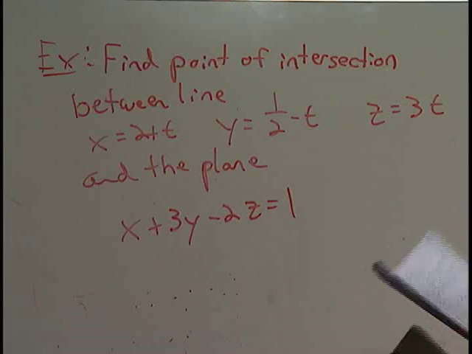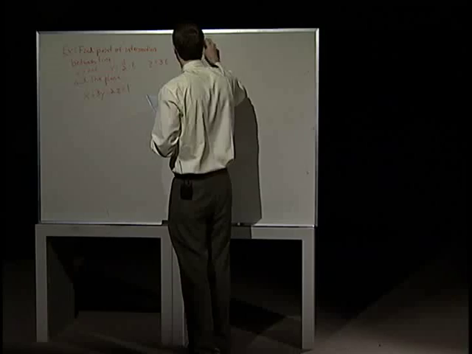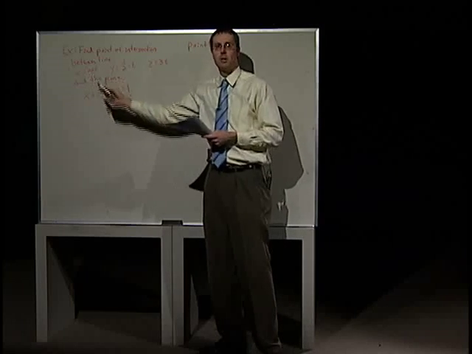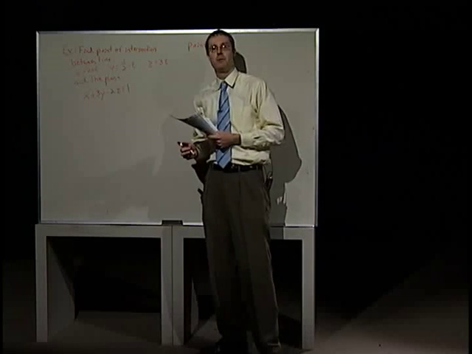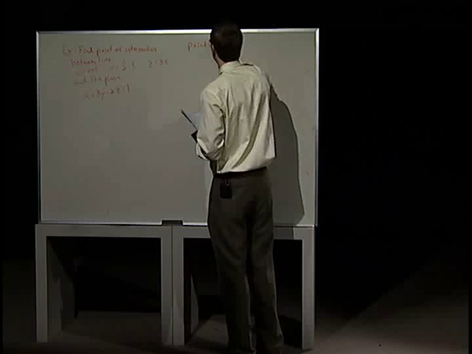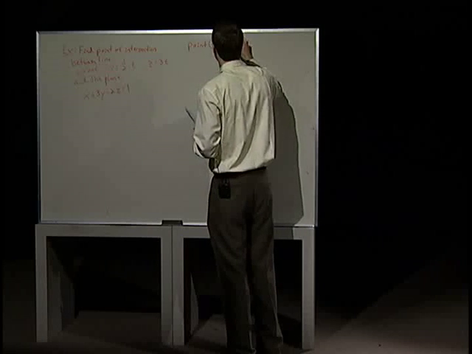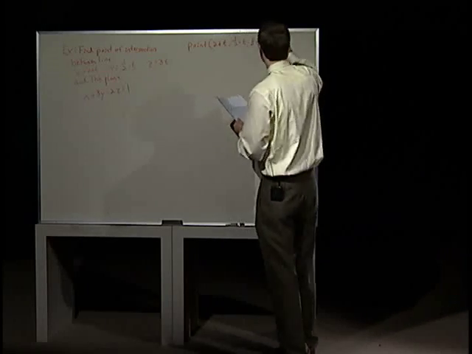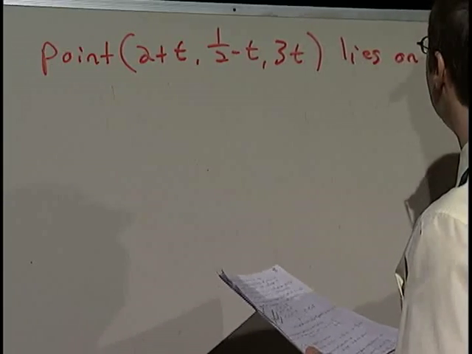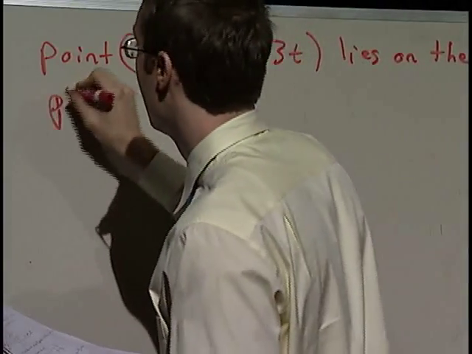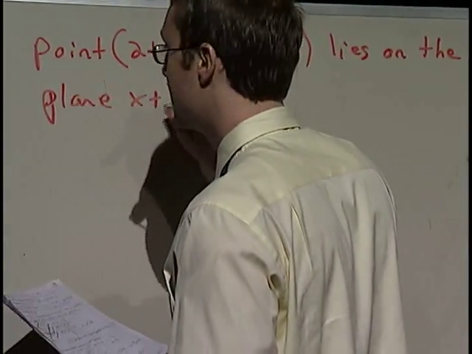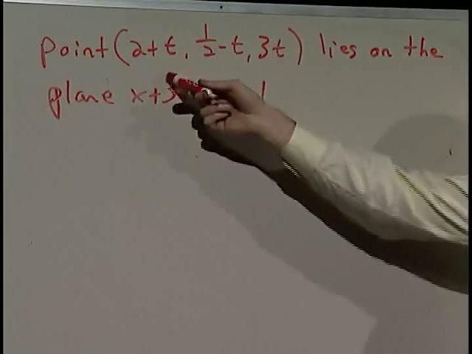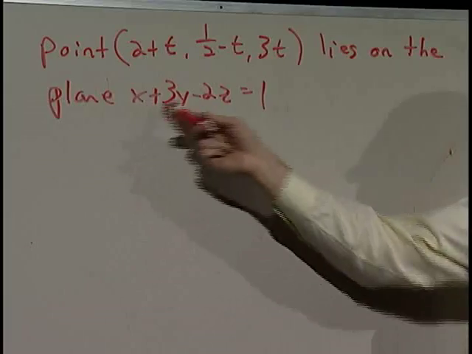Okay, well, what are we going to do? Every point on the line has coordinates given by these parametric equations. So the point 2 plus t, 1/2 minus t, and 3t lies on the plane x plus 3y minus 2z equals 1 exactly when the points on the line satisfy the planar equation.